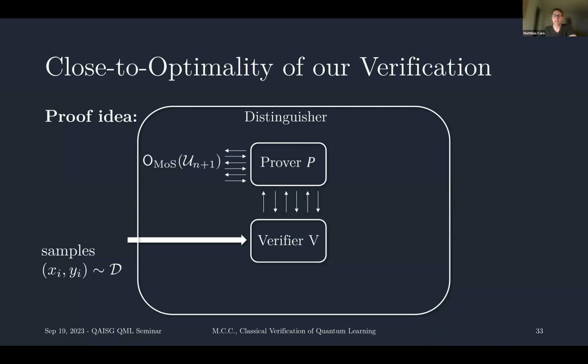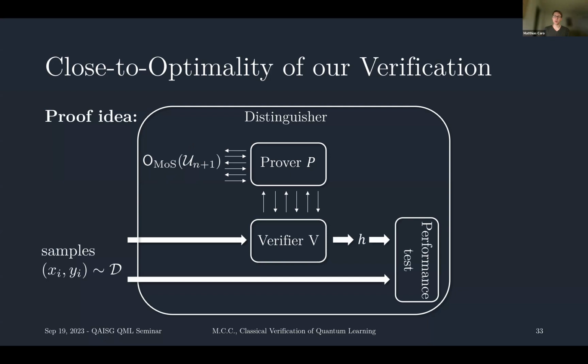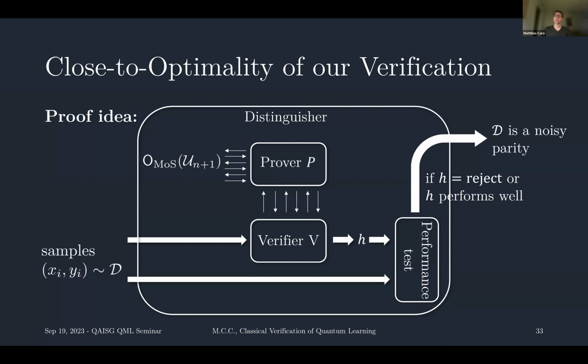So now you simulate the interaction of the verifier and the prover, and you only have to add one more step, which is if the verifier outputs a hypothesis, you have to check what the performance of that hypothesis is using a few more samples. And if the hypothesis performs well, or if there wasn't a hypothesis to begin with, you say, okay, that must have been a noisy parity. If the hypothesis performs badly, you say it's uniformly random.